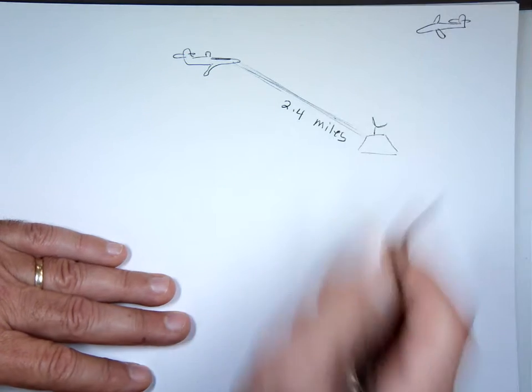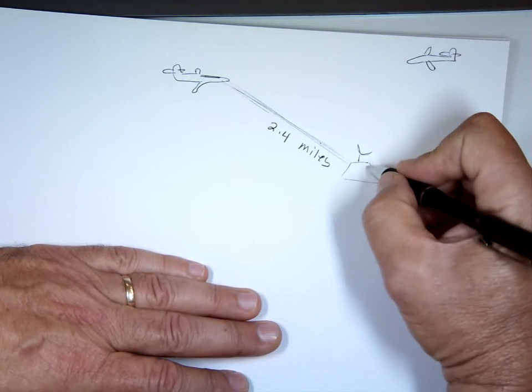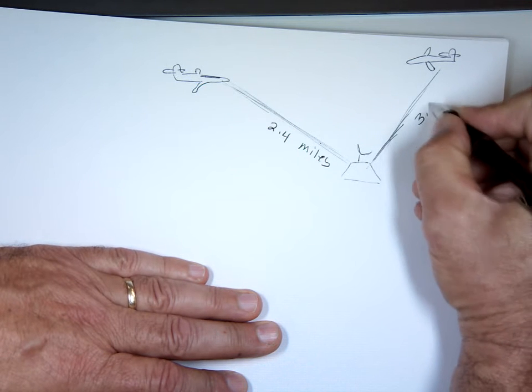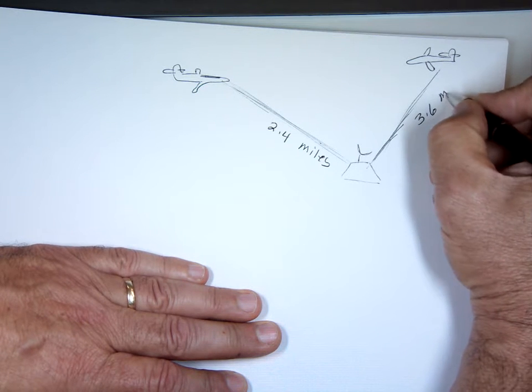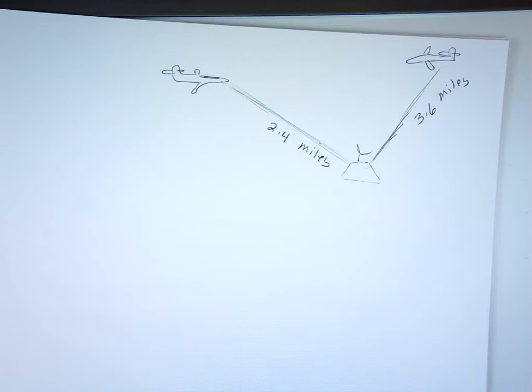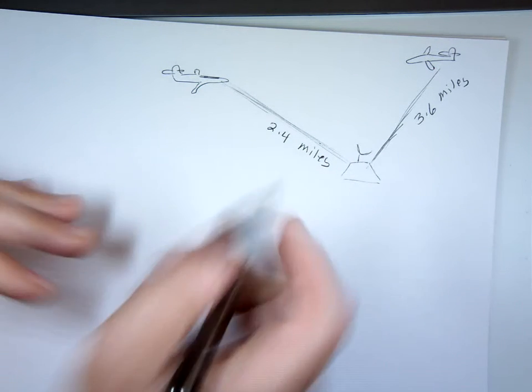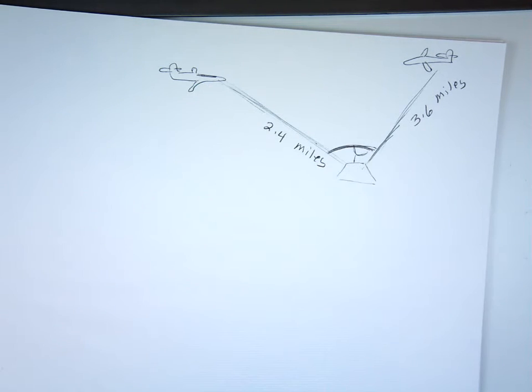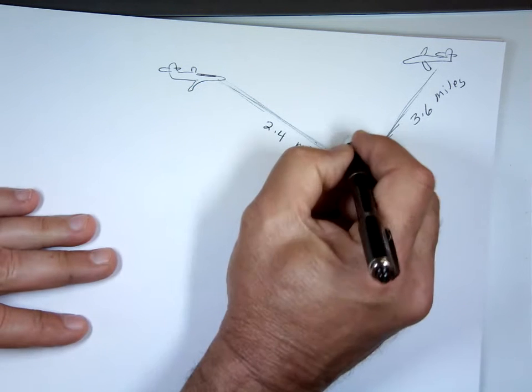That aircraft is what? Let's say the height of that is 3.6 miles. If you're the person in the tower here, you can find the angle between the two aircraft. And let's say the angle between them was 132 degrees.